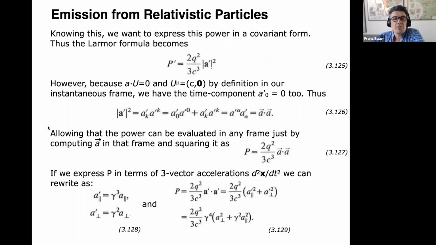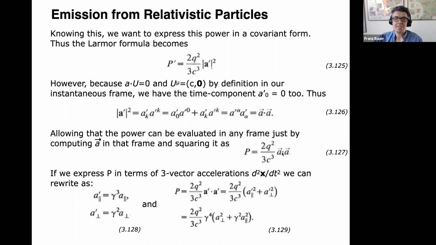If we think about this power and evaluate it in this frame, it ends up looking like this in our frame. The total power should be equal between these two frames, so in essence this will reduce to that and should look like this in total.